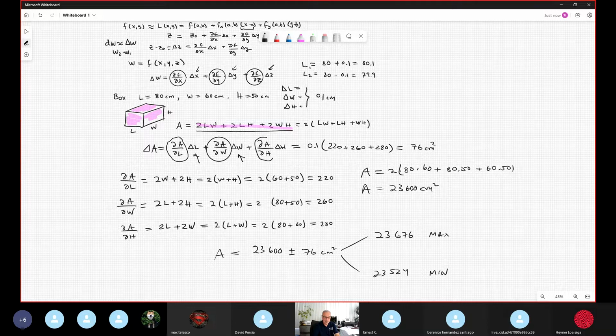In this example, there is not too big a difference between the two procedures. However, in another, more complicated scenario, with a more complicated formula, it makes a difference. Okay, using the total differential formula.